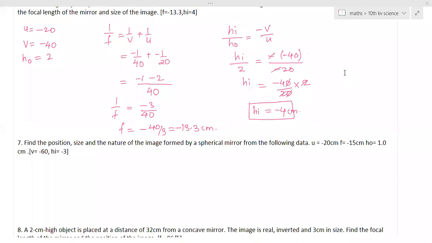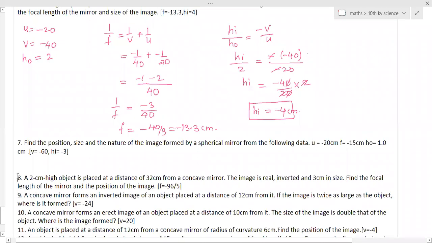Very good, right. Yes, Rishika? Ma'am, I was going to tell the answer. Okay. Ma'am, is it minus 60 and minus 3? Yes. Minus 60 and minus 3.